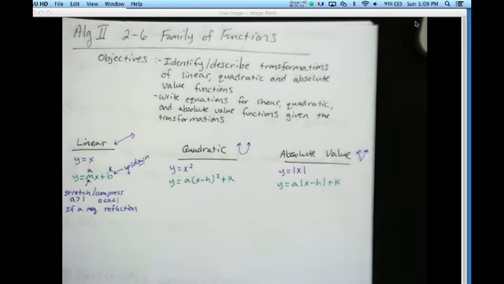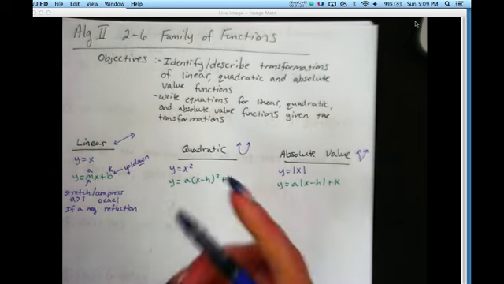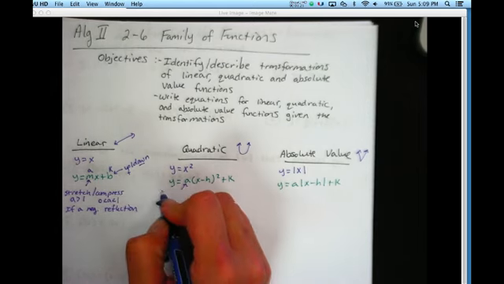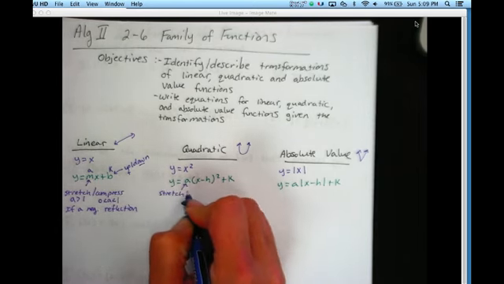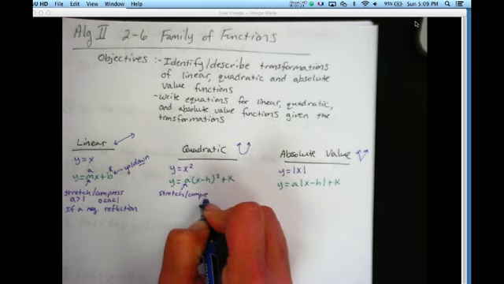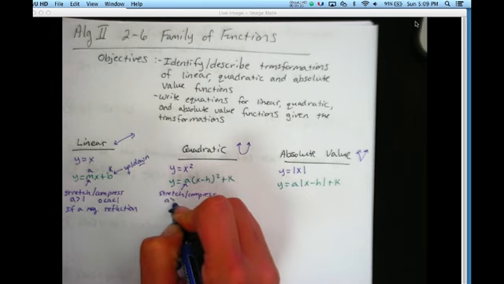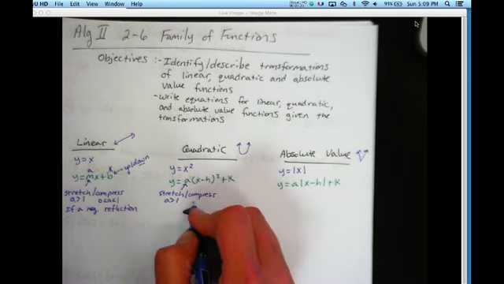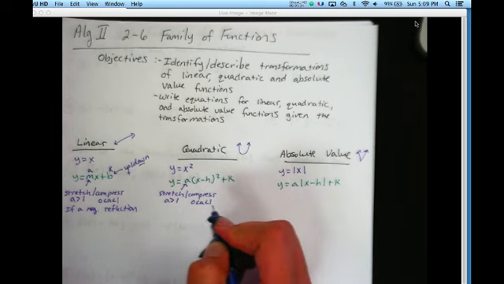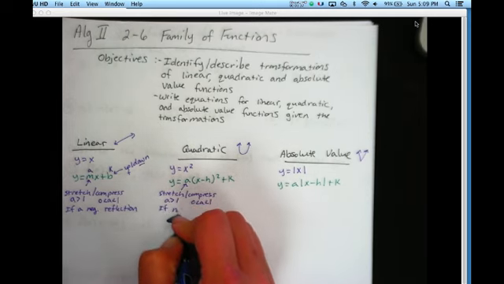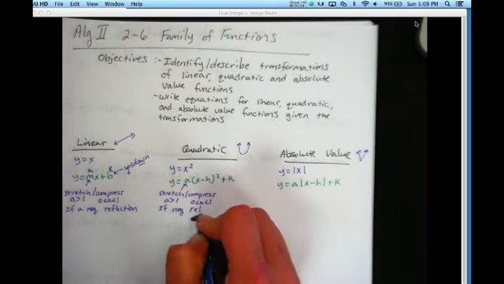For quadratics, our a value is going to stretch or compress it. Again, it has to be greater than 1 to stretch, and to compress it is between 0 and 1. And if it's negative, it's a reflection.